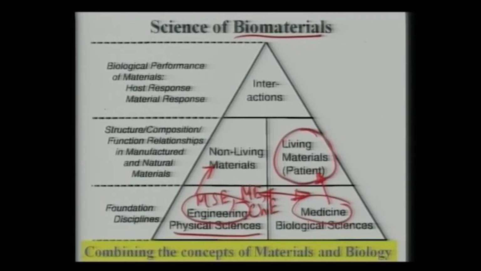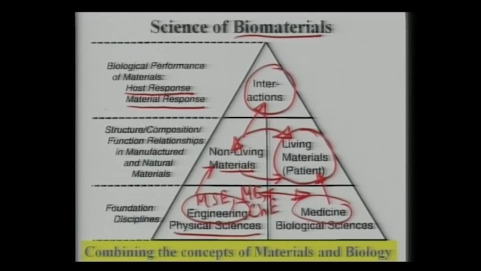If these two understandings are fused together, then their interactions are important: how non-living materials, when implanted in patients, will interact, and what the scale of these interactions is. What is the material response, like how this material will develop neobone or new bone in the implanted region, and what is the host response in the animal or human being, whether there is any inflammation or not. That is also equally important.